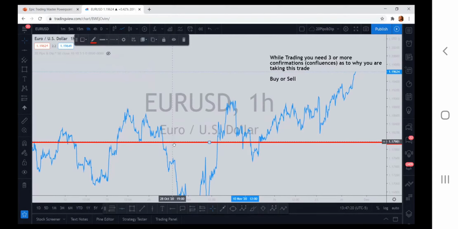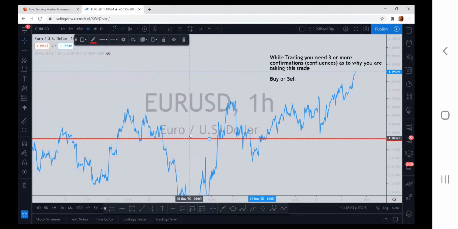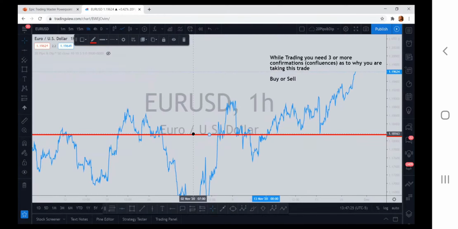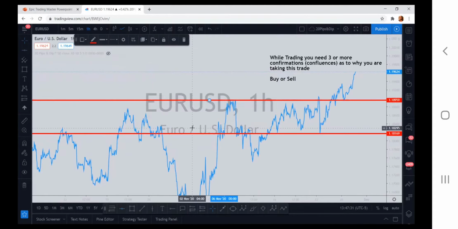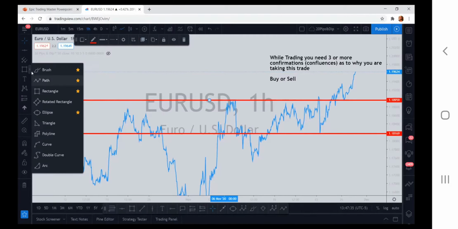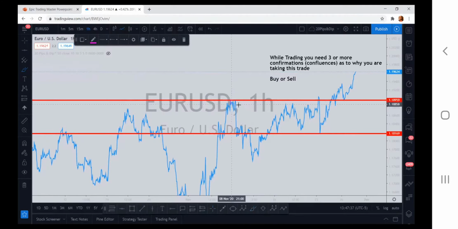Support and resistance may be your area of confluence, right, guys? So you may take your trades doing something like this, looking for something like this, right?